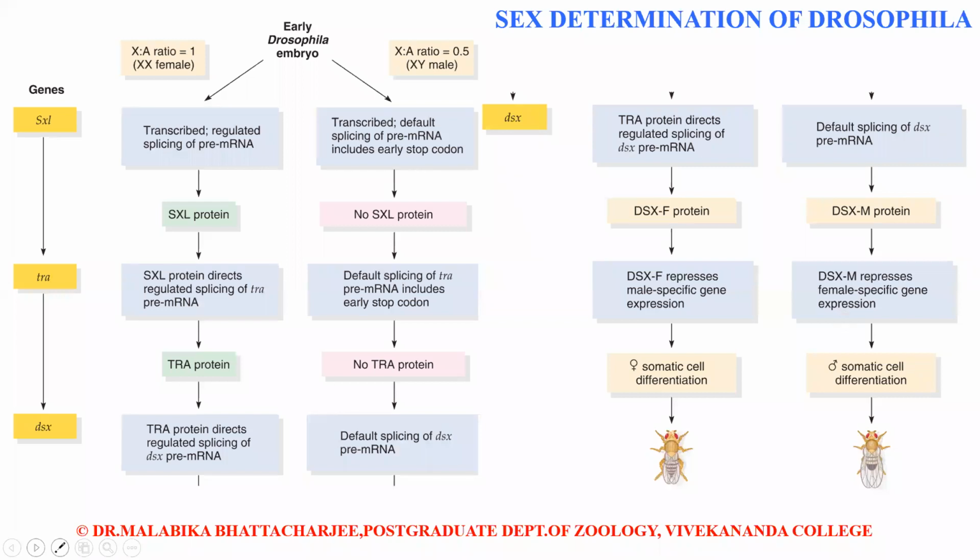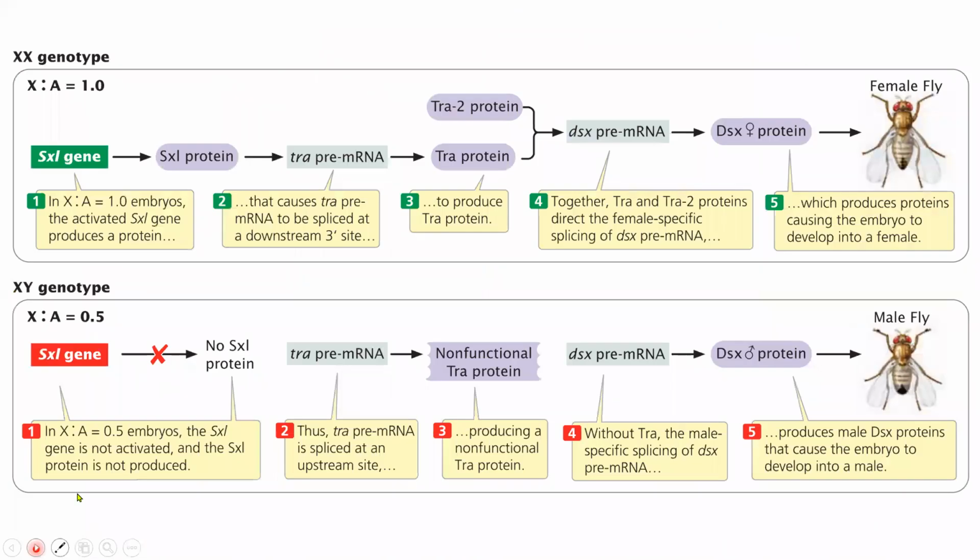I have another picture I just want to share with you so you can see. So that's when you can go for this kind of tabular pattern of writing your answers if this question comes. So X to A ratio of 1: activated SXL gene, in presence of the SXL protein, regulated TRA pre-mRNA, and the TRA protein gives us regulated DSX, double sex pre-mRNA, and we are getting the double sex female protein.